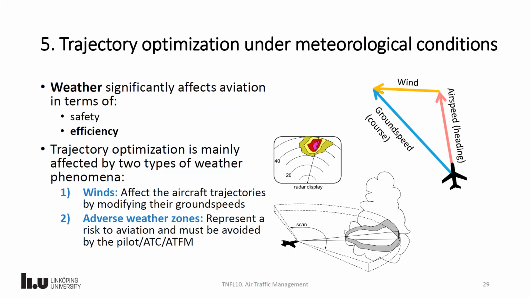And the difference between the airspeed and the ground speed is the wind. If you have a wind that is coming from the back, which we call a tailwind, we will have a bigger ground speed than we have airspeed.